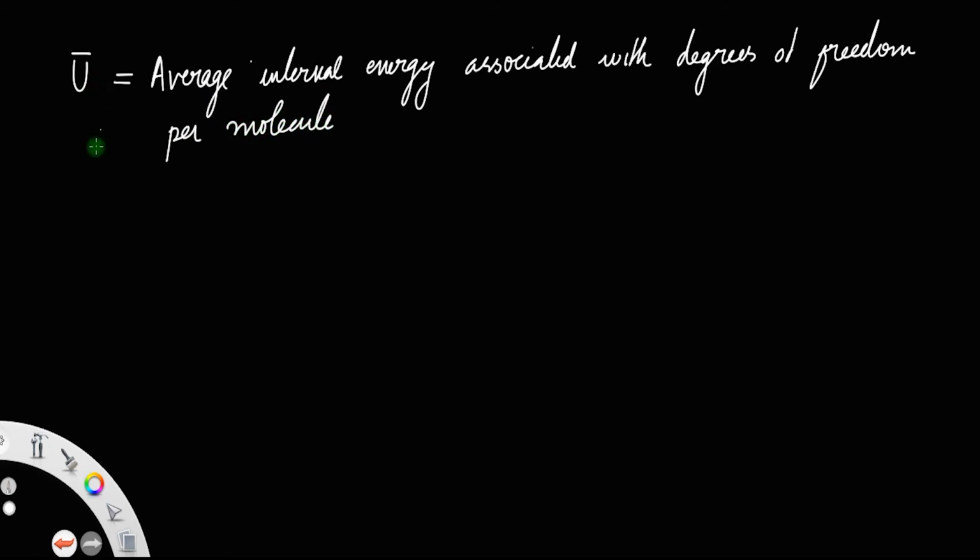Let's represent that as U bar. That is the average internal energy associated with all degrees of freedom per molecule. That is, U bar will be F into, F is the degrees of freedom, into the energy associated with each degree of freedom. We derived that as half kB into T.